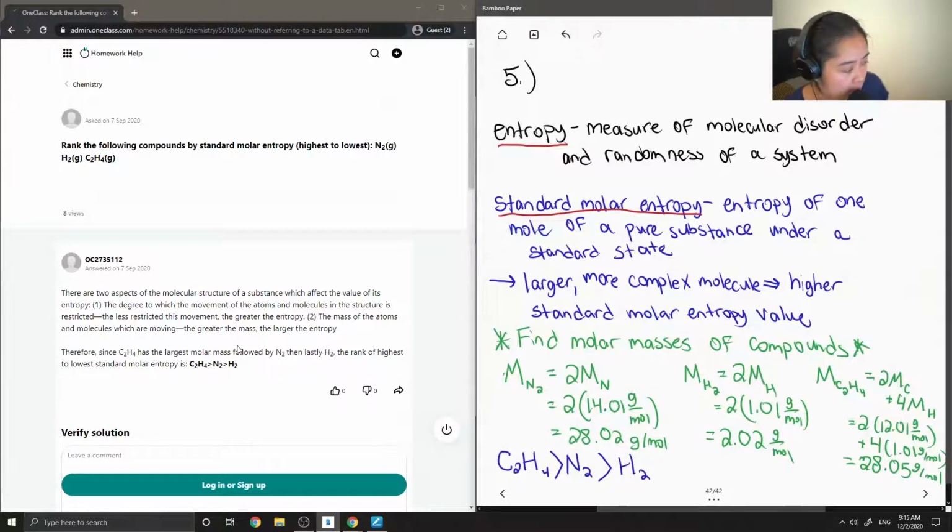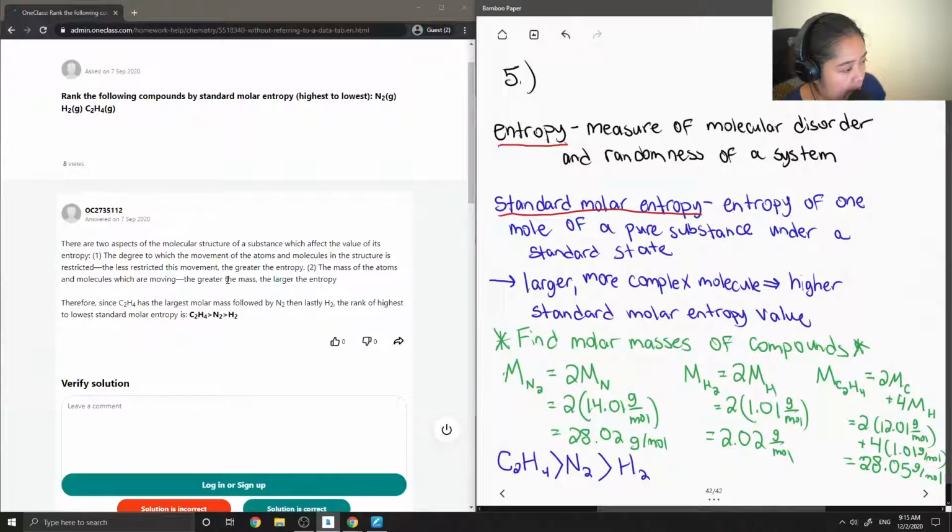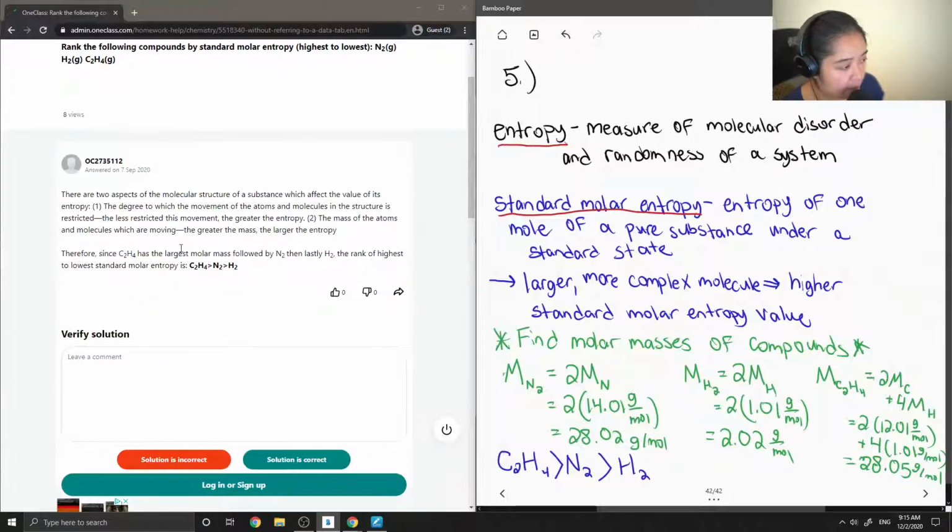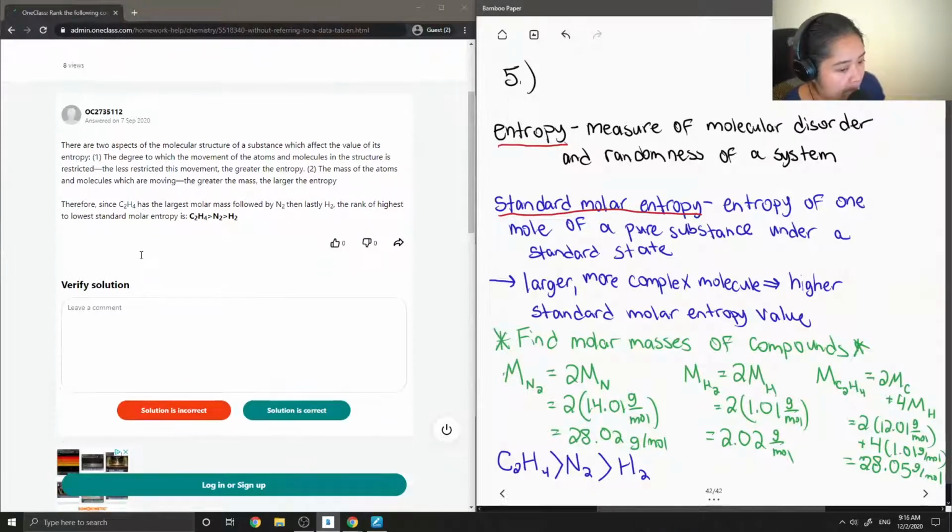Okay, so let's see what the junior tutor said. There are 2 aspects of the molecular structure of a substance which affect the value of its entropy. 1, the degree to which the movement of the atoms and molecules in the structure is restricted. The less restricted the movement, the greater the entropy. 2, the mass of the atoms and molecules which are moving. The greater the mass, the larger the entropy.